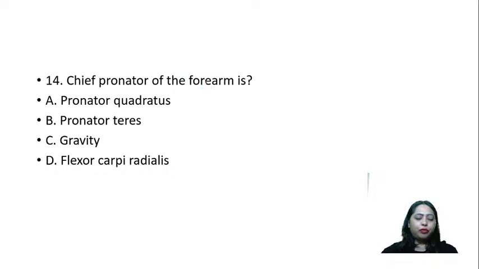Chief pronator of the forearm. There are so many muscles which do pronation and supination. Pronators are the ones which start with the same name, pronator teres and quadratus. Which one is the chief pronator? That means the principal or primary muscle. Which one can we completely eliminate first?